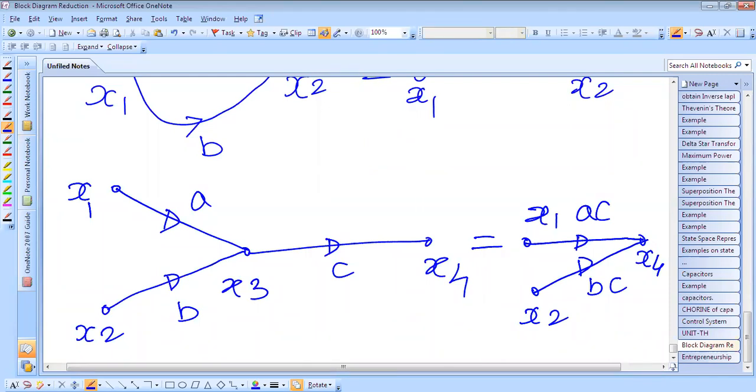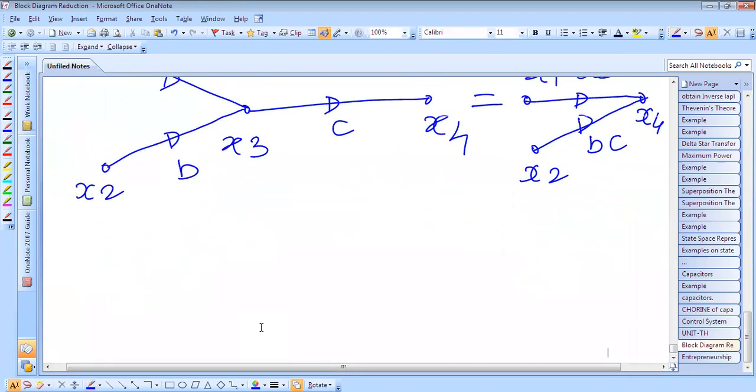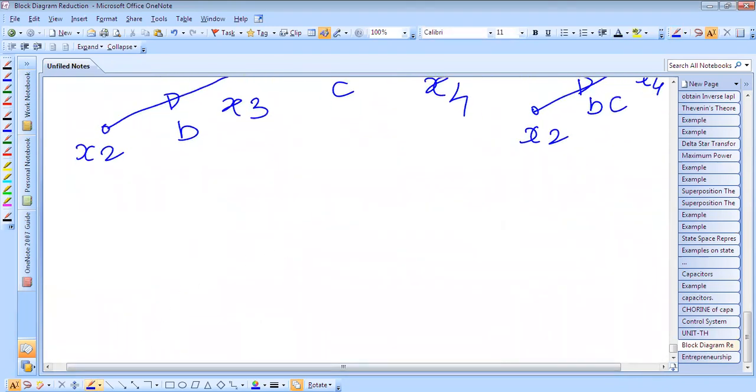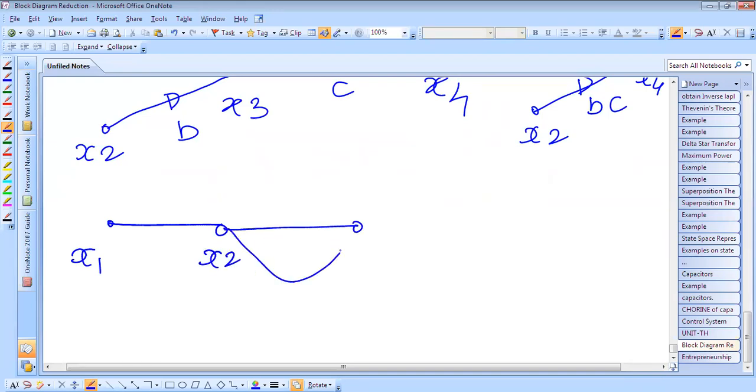Next, loops may be eliminated. If there are some loops, they may be eliminated. For example, a loop like this, if there is only one loop: suppose this node x1 is there and this is node x2. The transmittance of this path is A, this is B, and this is C. This is node x1, x2, and this is x3. So how to reduce this loop?